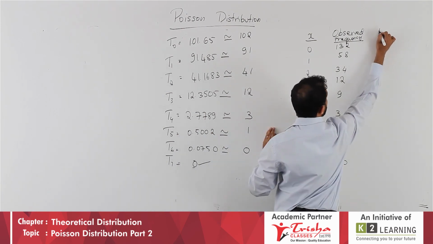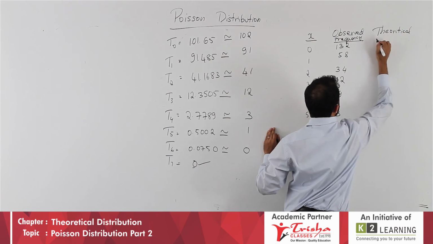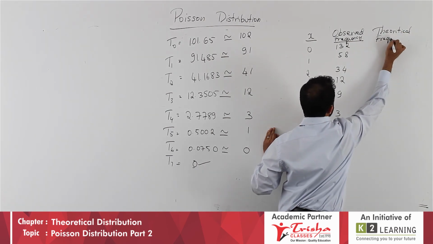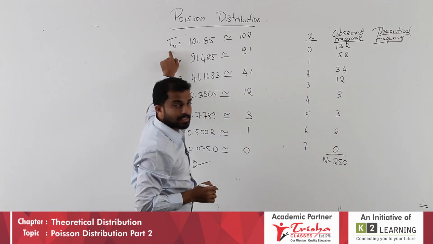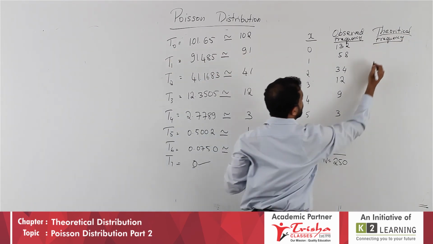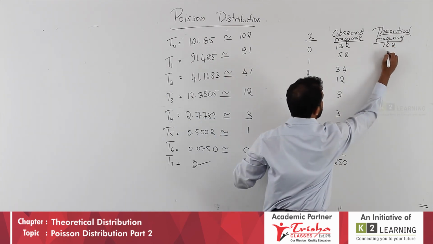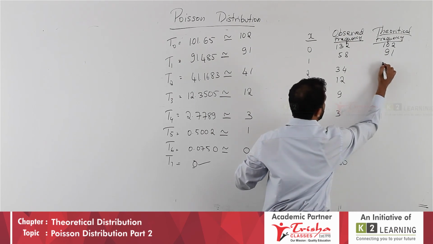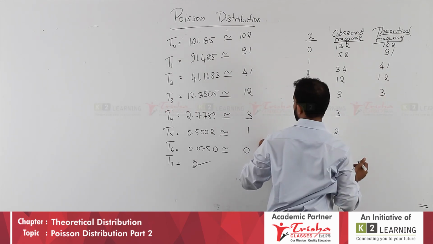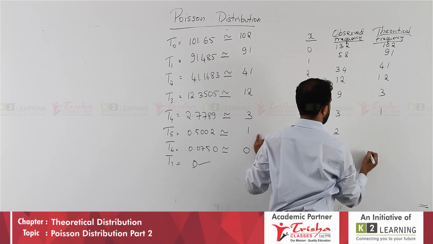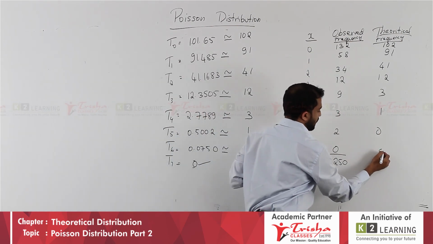Now, we also calculated using Poisson distribution, that is nothing but the theoretical frequencies. So, make another column and write there theoretical frequency. And what did we get? When it was T0, we got it as 102. For the next, we got 91. Then we got 41. Similarly, 12, 3, 1, 0. And the last one also we got 0.